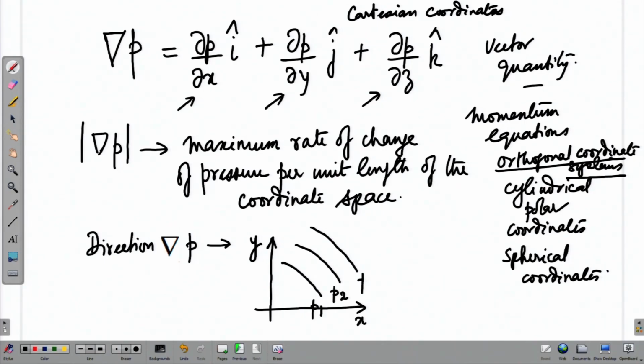We call them isobars. If you are at a point P here, grad P will give you the direction along which the maximum rate of change of pressure takes place.